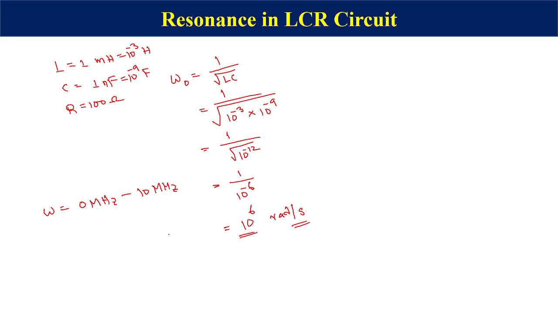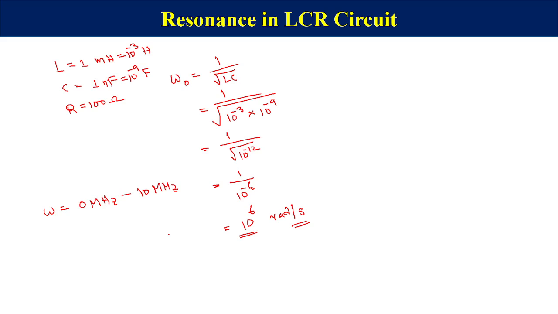But to hear one particular radio station, we tune the radio, and in tuning we vary the capacitance of a capacitor of the tuning circuit such that the resonant frequency of the circuit becomes nearly equal to the frequency of the radio signal received. And when this happens, the amplitude of the current at that particular frequency of the signal for that particular radio station is maximum, and we say the channel has been tuned properly.